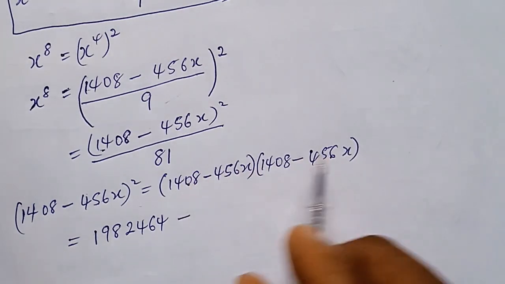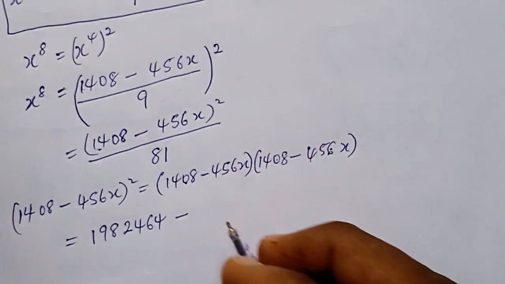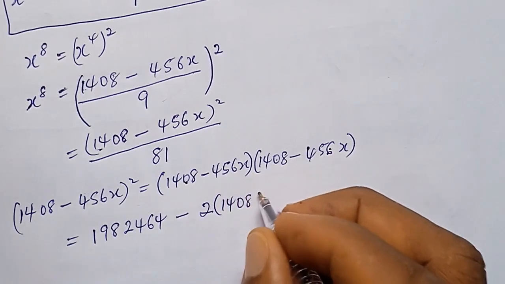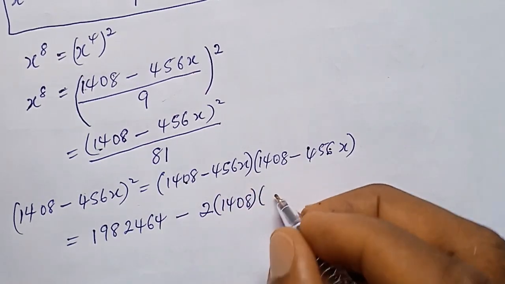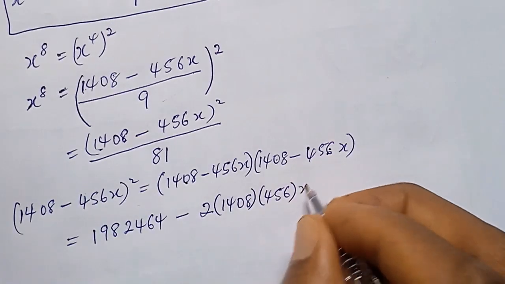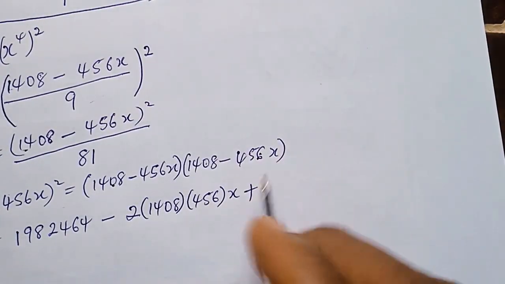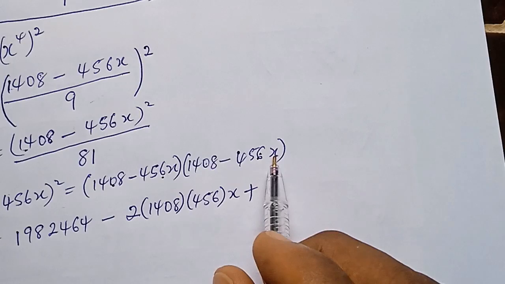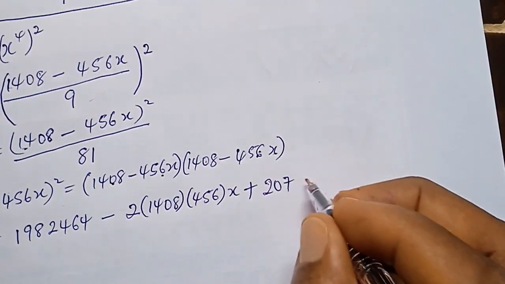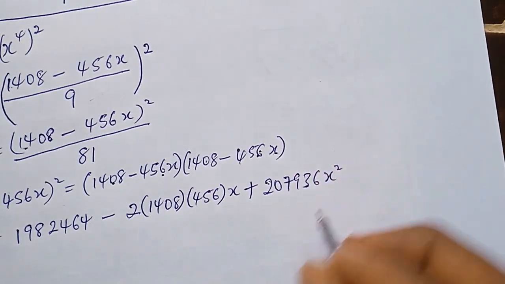Likewise, this multiplied by this and this multiplied by this will be considered twice. And that will give us 2 into bracket 1408, then into bracket 456x. Okay, plus this and this will multiply as well, and that will give us 27936x squared.